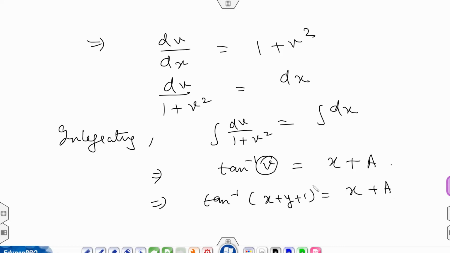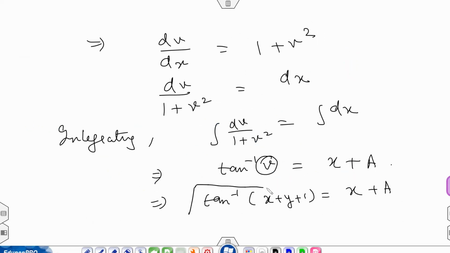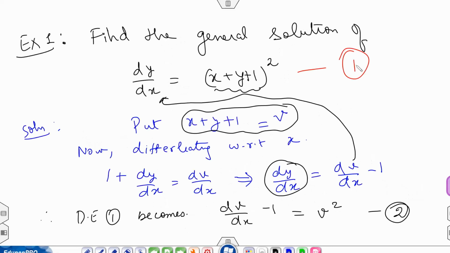So we will substitute v as x plus y plus 1, which we put at the beginning of our question, and then it will be our final solution. This is the solution of our differential equation 1.